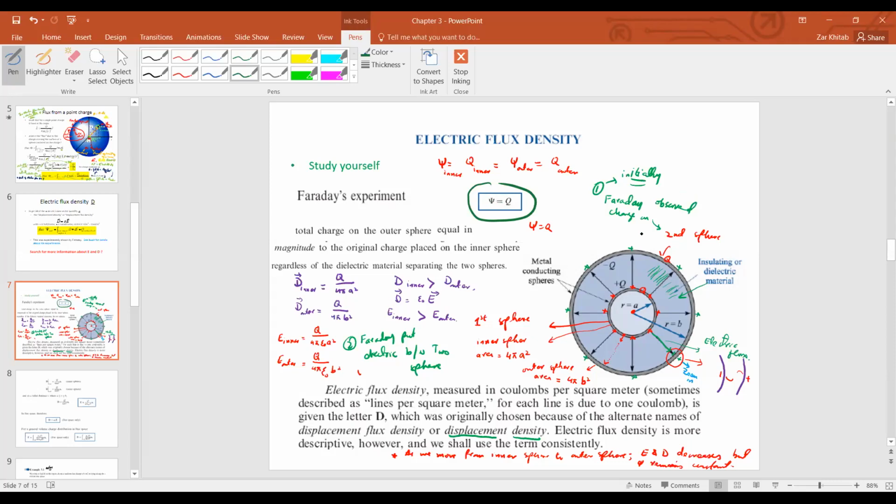Today we know that it is the electric flux which moves from the positive charge and ends on the metallic plate, thereby creating a potential difference and a charge separation at that point. So that was Faraday's experiment. And we saw this for spheres, but we can extend the result of the spheres to a coaxial cable, right?